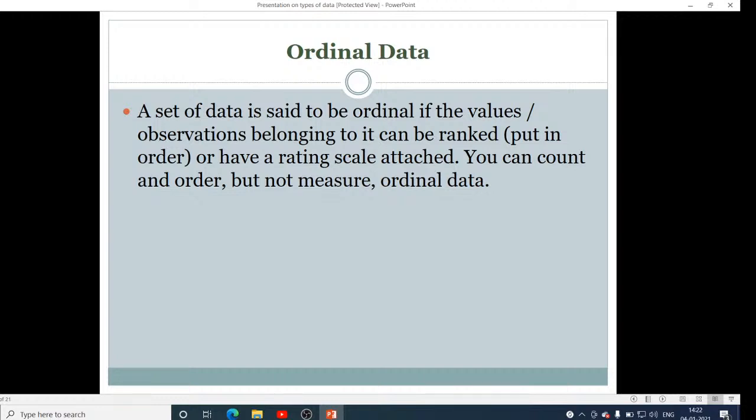Sometimes we attach a rank scale: 5-star rating, 3-star rating, 4-star rating, but not measurable. We can just arrange in order. Based on marks we are giving ranks: first rank, second rank.